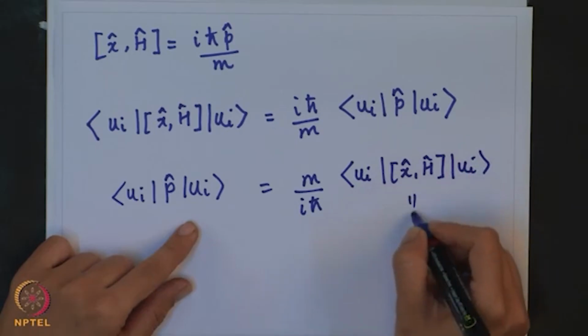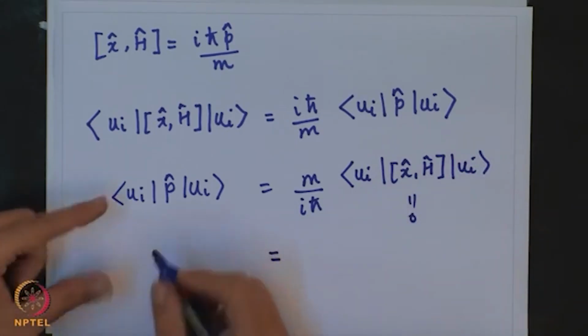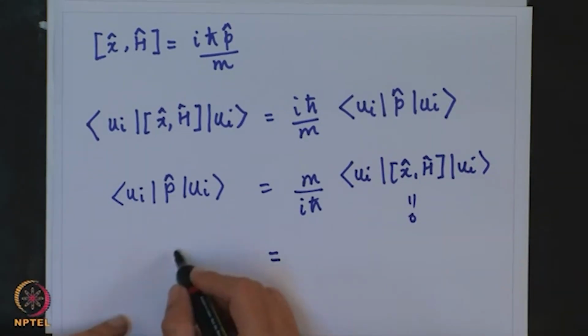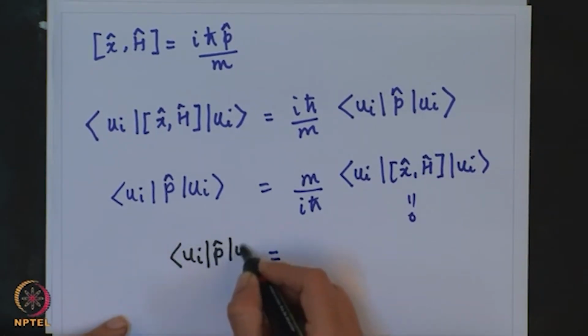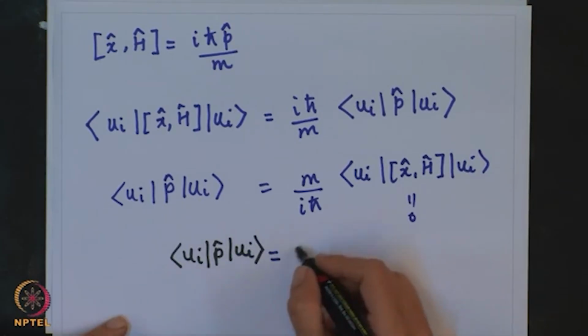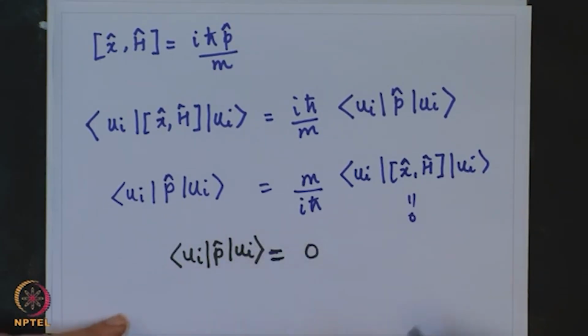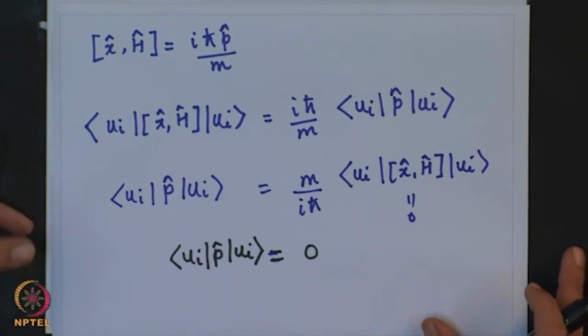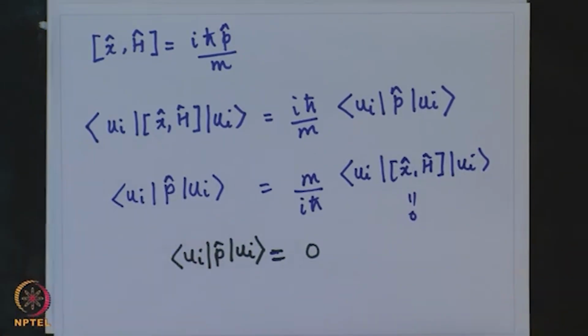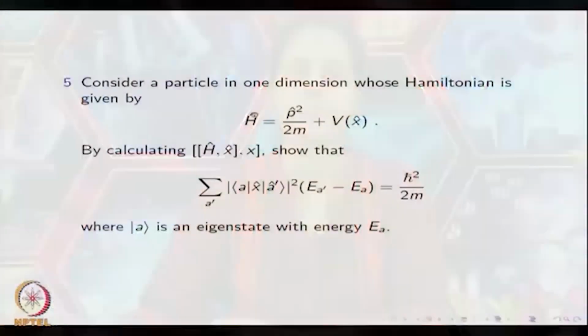This we know is 0. So, what we obtain in this result is that the mean value of the momentum operator is 0. Okay. It is very easy to show this.